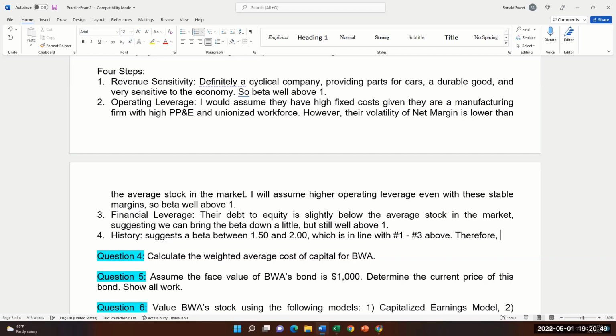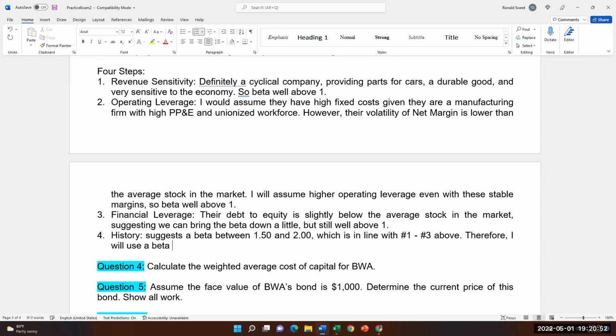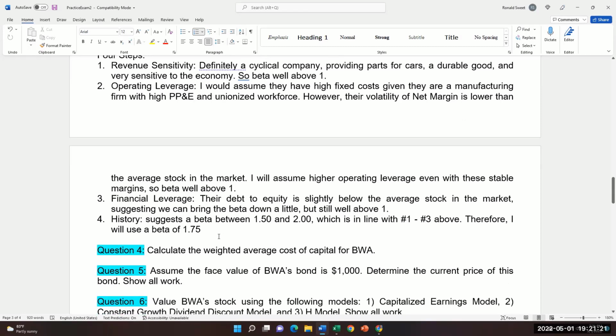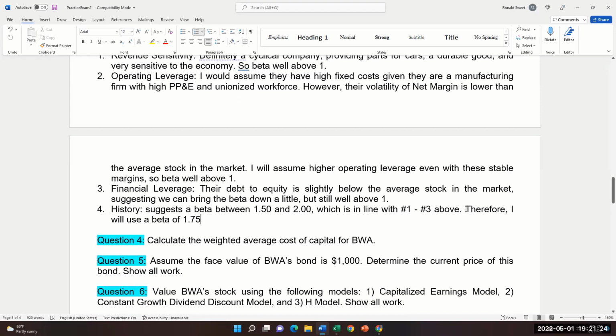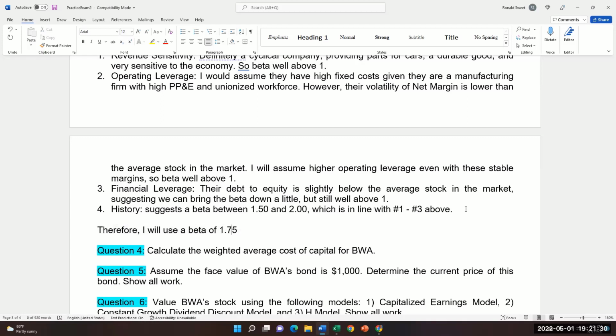Therefore, I will use a beta of 1.75 or 1.5, whatever you want to use. I'm going to look and see what I use on my answer key, but whatever you use will work. So I'll use 1.75, but you'll have to decide what you use. So there's my answer. If you want to, you can separate this last one out from the rest and say I'm going to use a beta of 1.75.